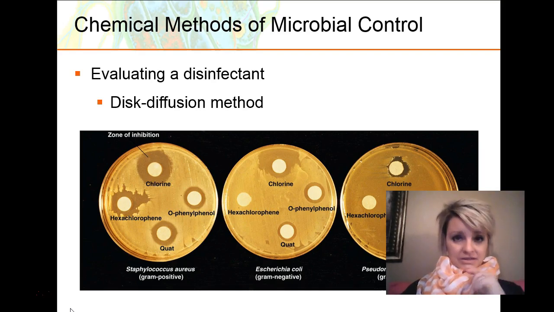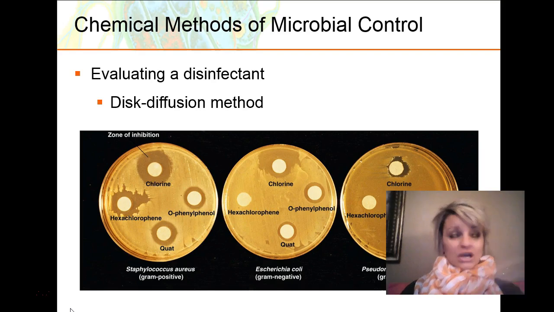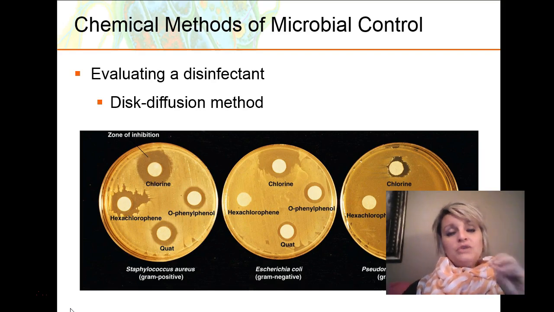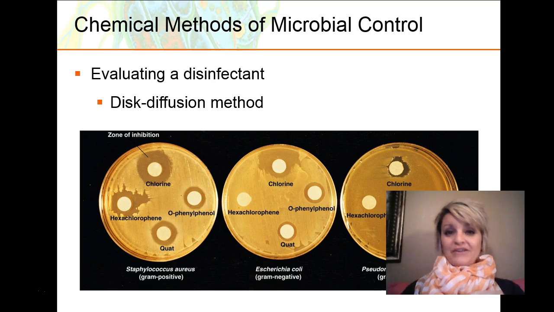Hexachlorophene is antibacterial soap. Now you think about when you go to the bathroom, what do you do as soon as you use the restroom before you leave? You wash your hands, right? You wash your hands, but yet I just told you that hexachlorophene does nothing against E. coli. You think about that.